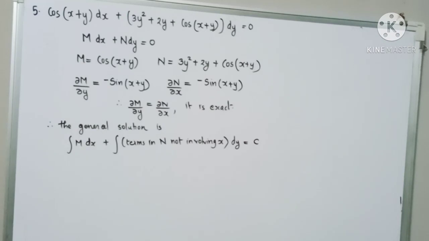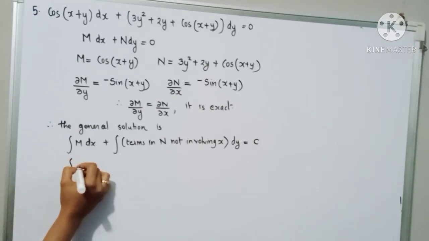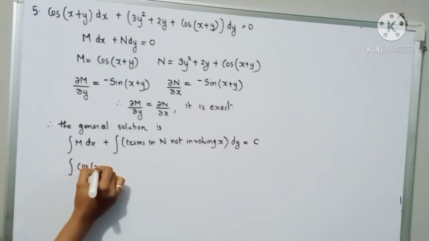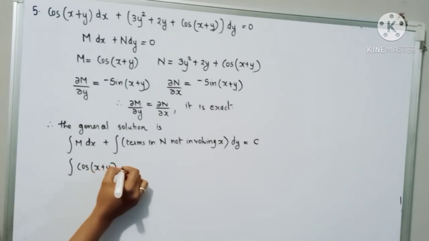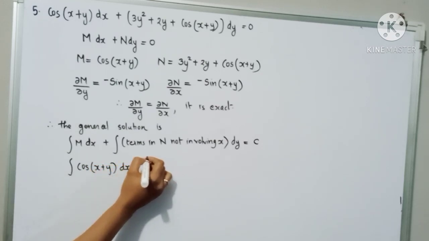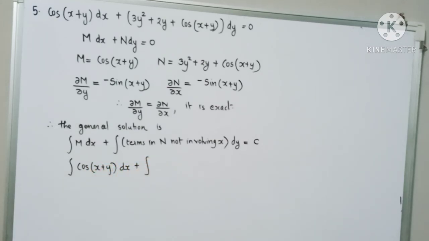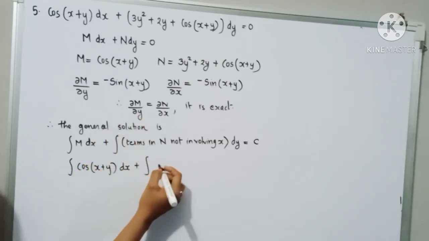So integral of cos(x + y) dx plus the integral of the terms in N that do not contain any x terms.